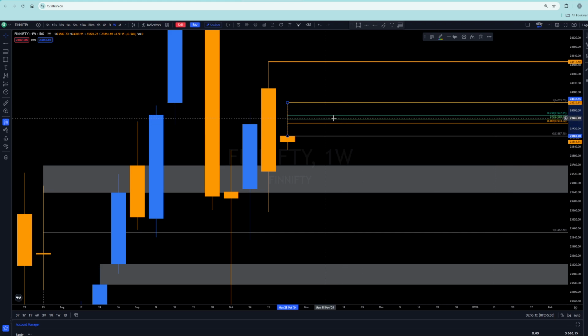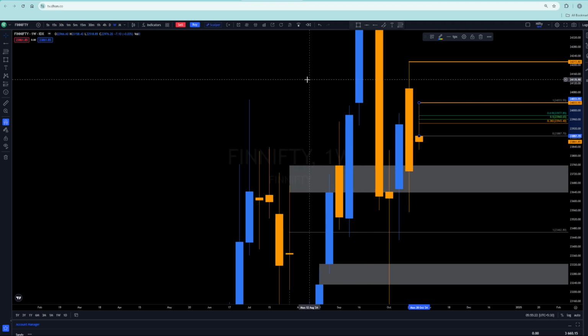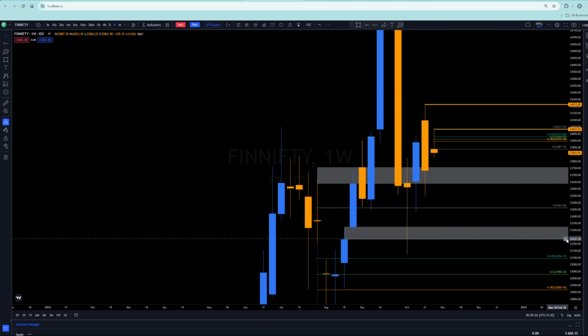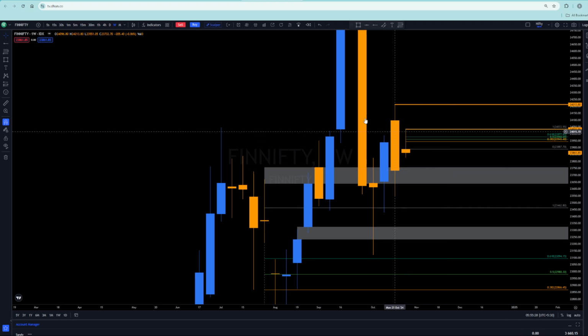So again, I would like market is 23,950 levels पे आके सपोर्ट लेके ऊपर फेयर वैल्यू गैप बनाए, then these swing highs will become targets. So at this point, these are the key levels on the weekly.